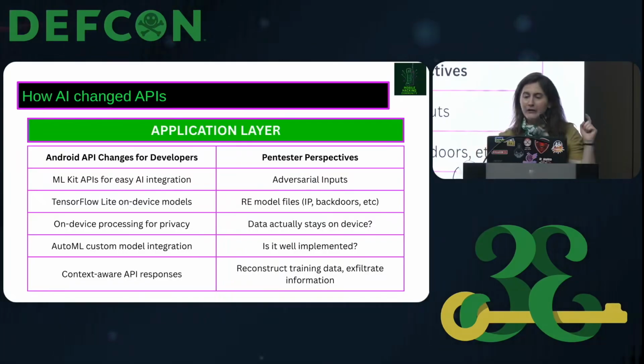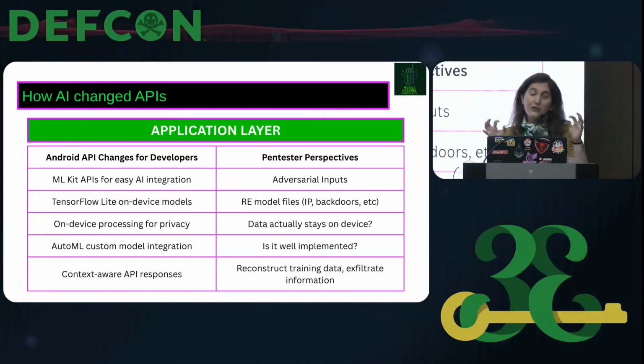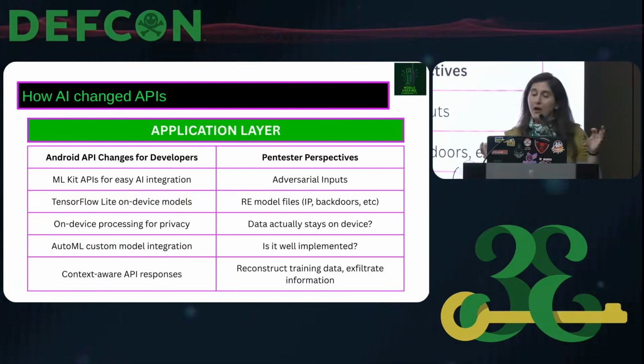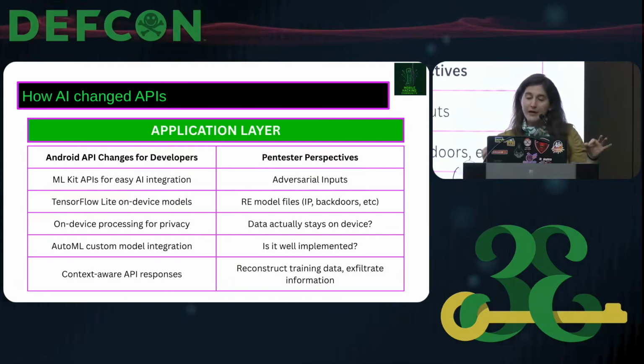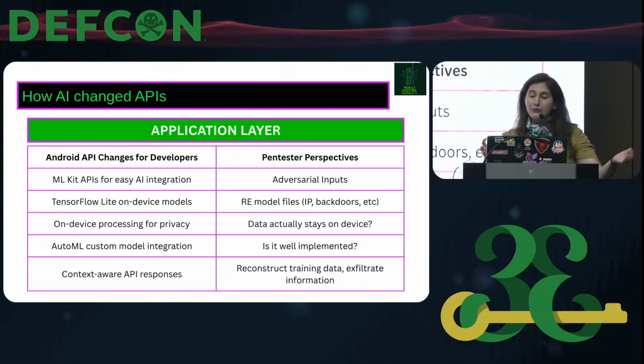But there's another interesting element: Android itself had to change at the system level. They introduced something called the Neural Network API, which is basically a way for apps to talk directly to the specialized AI chips that are now built into many phones.